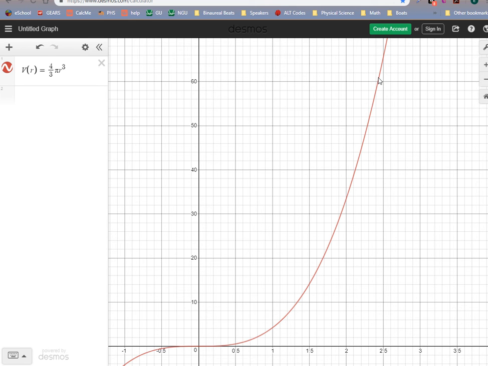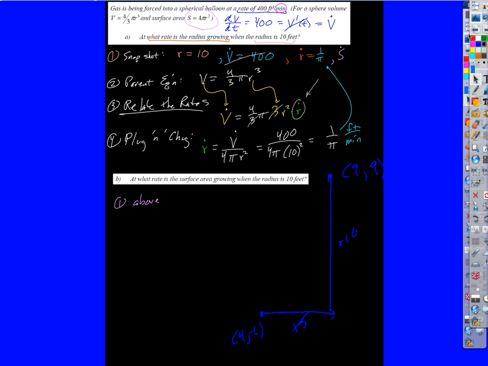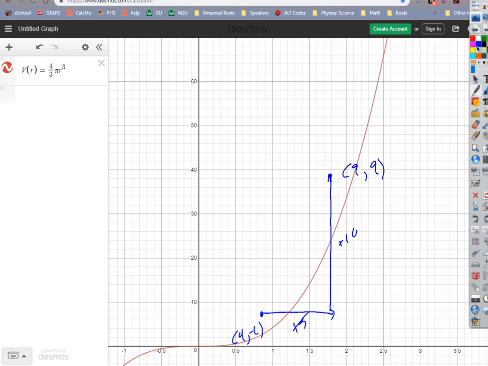This is the V-axis, and this is the R-axis in this case. As the balloon increases, you can see that this slope is changing. Now this one's measuring dV dr, but we could also be measuring dV dt if we want to.